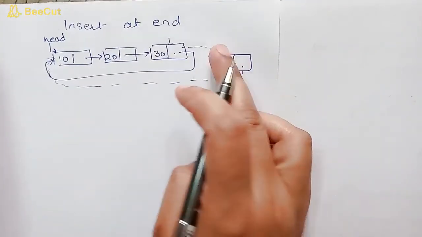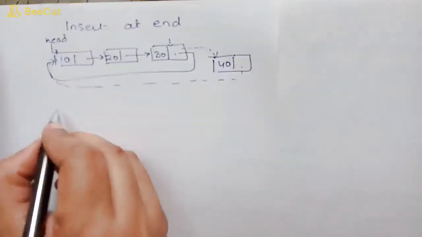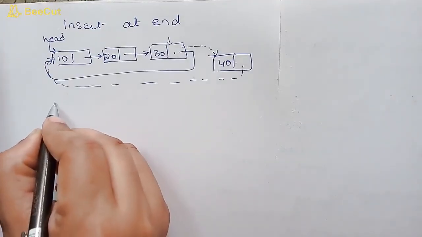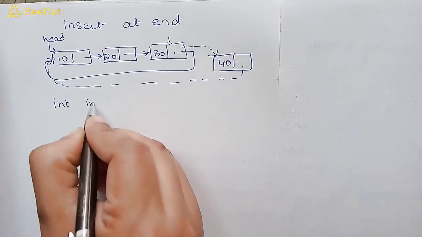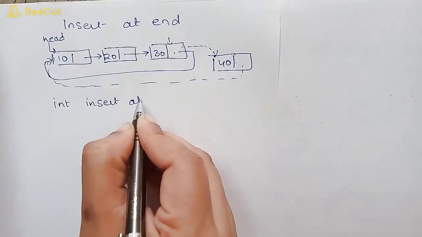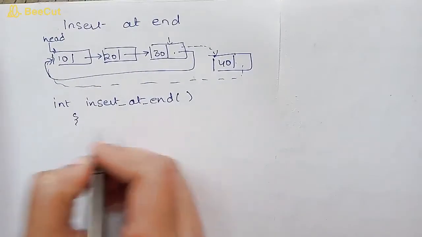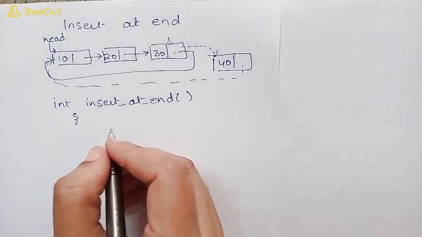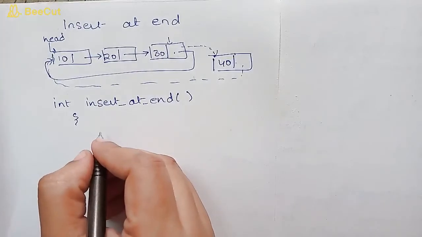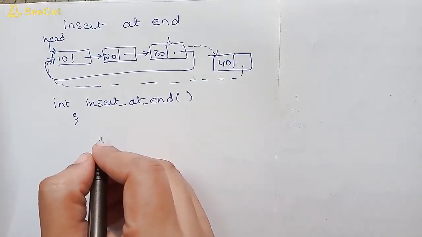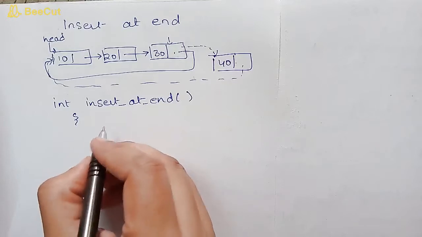So I need to do these two modifications. I'll start writing the function, insert at end. Most of the things will remain the same. In case your head is null, the same lines of code you wrote in insert at the beginning, you have to write over here.